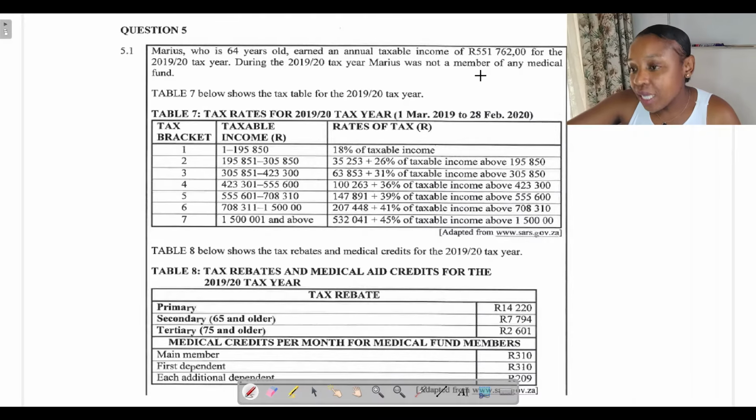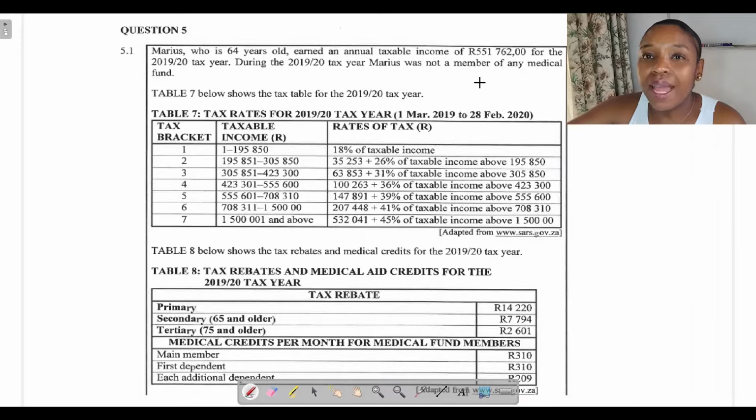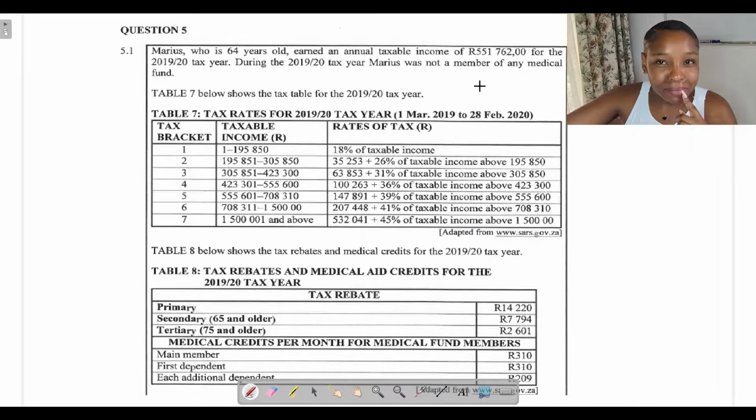During the 2019 to the 2020 tax year, Marius was not a member of any medical fund, right? Table 7 below shows the tax table for the 2019 to the 2020 tax year, right?